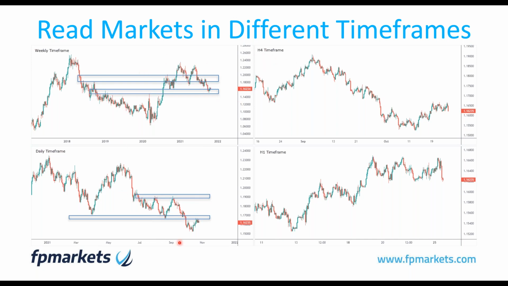Now, keeping these time frames in mind, moving across to the H4 time frame, we can see price hit a support turned resistance. Do bear in mind that this support turned resistance actually is glued, I believe, to the lower side of this daily support turned resistance.